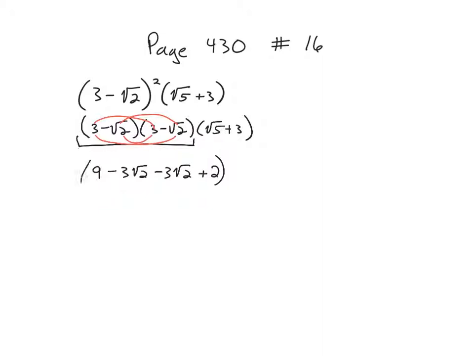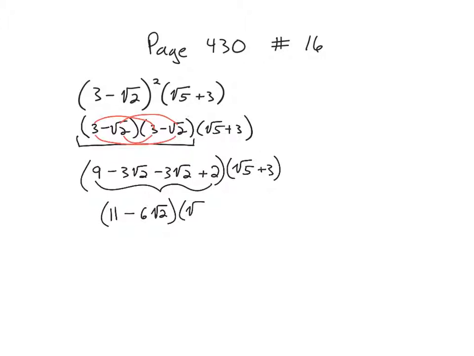So that's what I get so far, and now I still have to remember that I'm going to get to this other expression in just a second. I can simplify what I have in the parentheses here just a little bit, because I can take 9 plus 2, that's 11, and then I have negative 3 radical 2 minus 3 radical 2, that's a negative 6 radical 2.